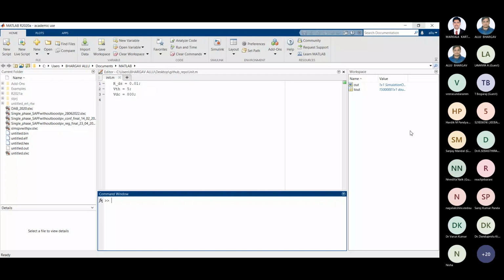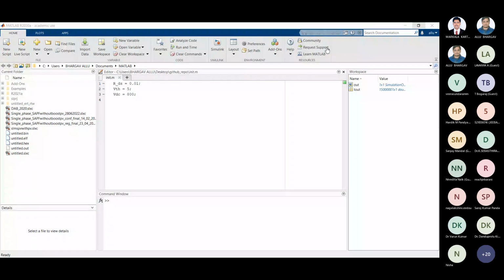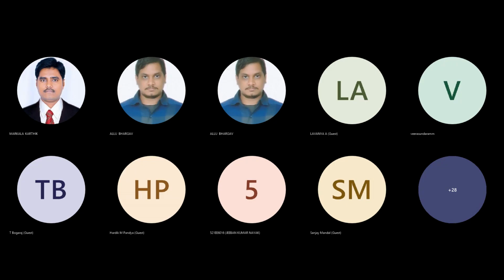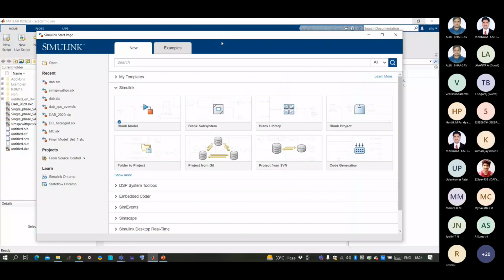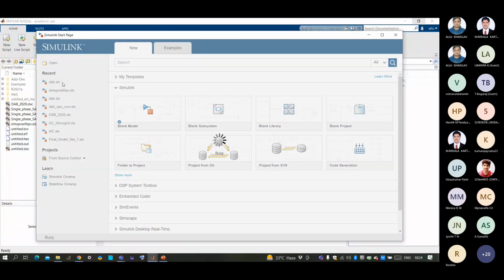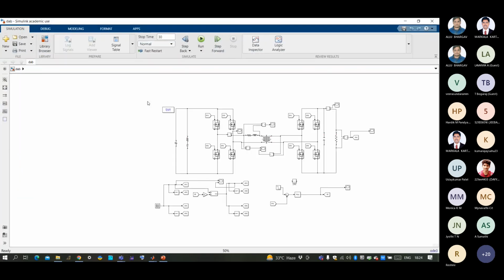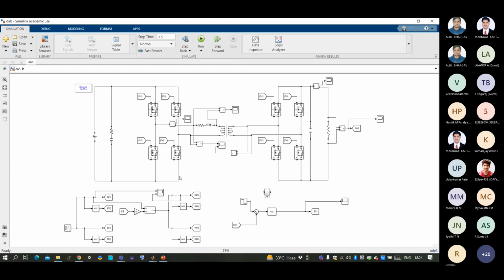Yes, sir, it is visible. You can continue. Okay, thank you. I already made the model, so I'm reopening the model. This is the model which I constructed now. You can see here.